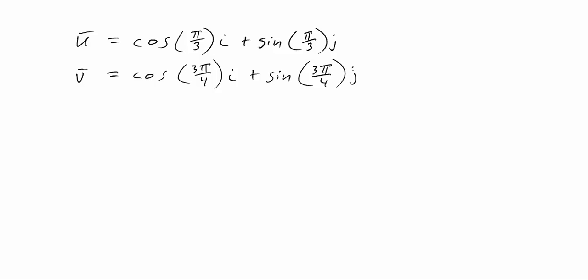So here we're kind of using our trig functions like we did in a previous video in order to represent our vector. And here we want to find the angle between the two vectors.